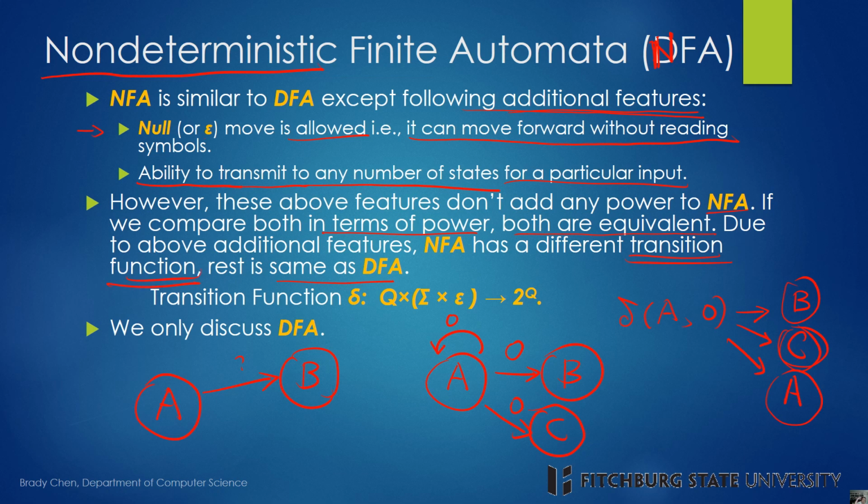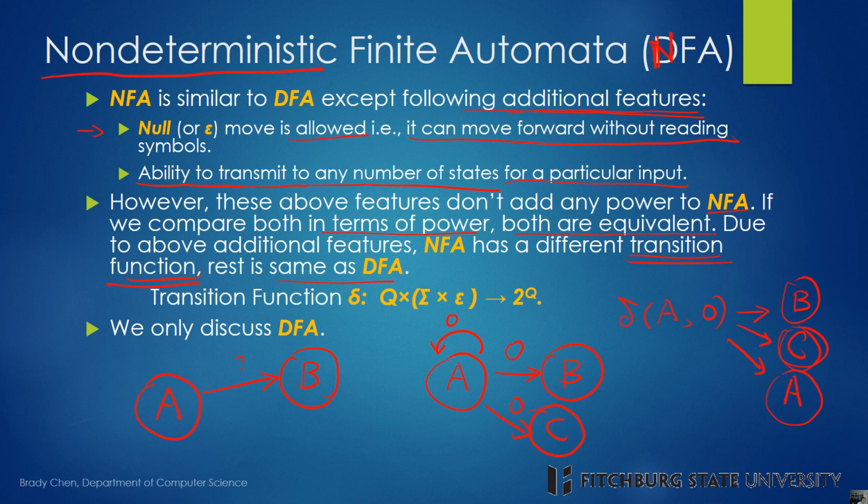It has a Q, which is a set of the states, and it has the sigma, which is the alphabet, a set of the symbols, and it has a starting state, and it has a final state. But the transition function is different.